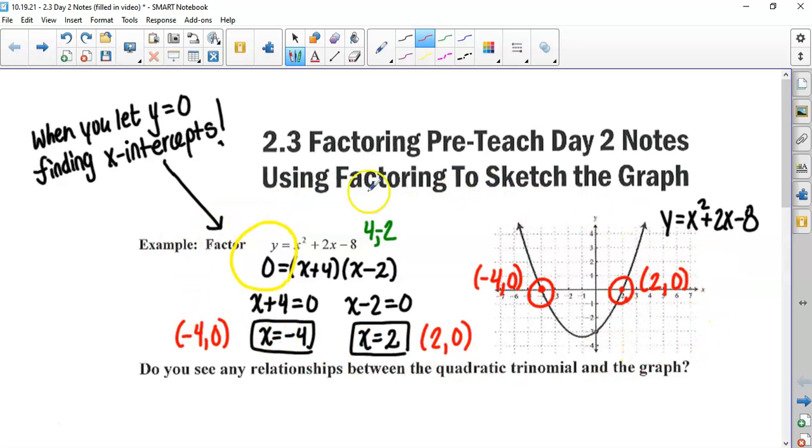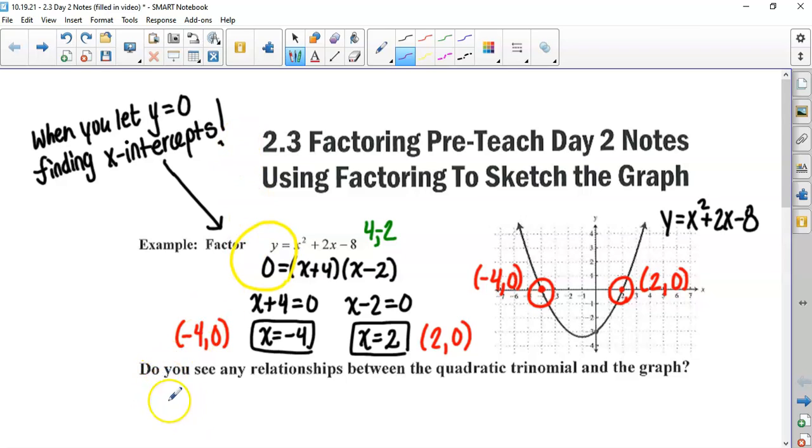This is what we're going to focus on learning how to do today, where we take our ability to factor. This is our knowledge coming into today, how to factor, and then make a connection to setting those factors equal to 0 and solving to find your x-intercepts, and then how does that connect to the graph?